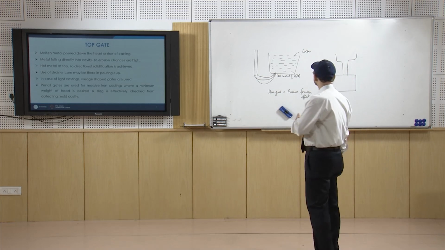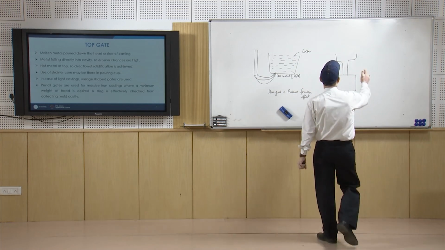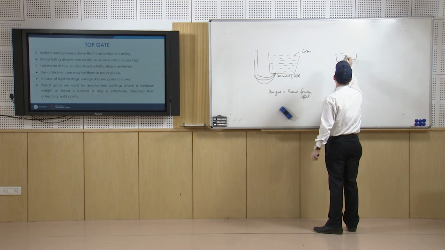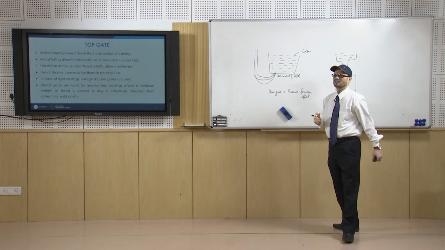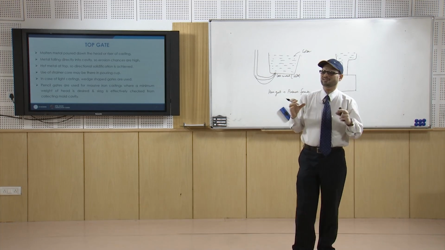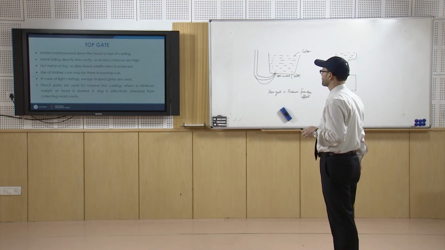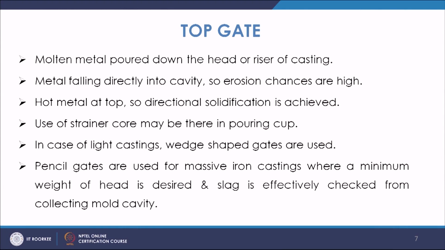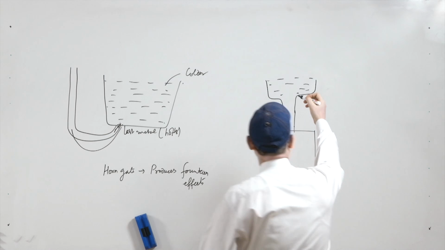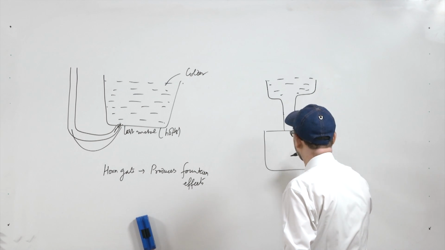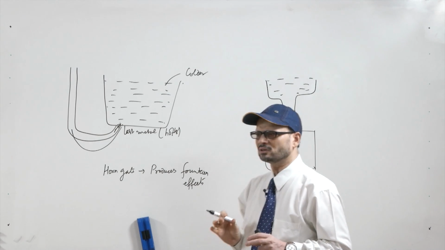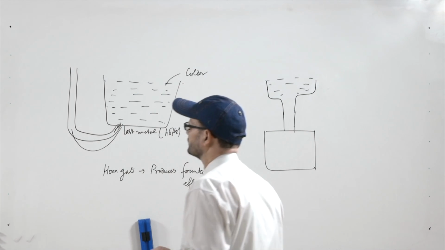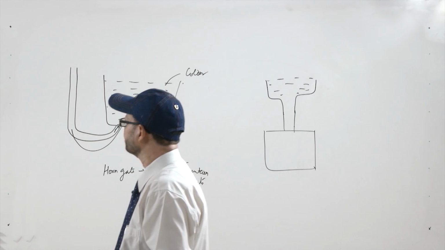So, this is known as top gating. This may serve as a reservoir or a riser which can feed the metal in case of shrinkage. Now, in this case metal is falling directly into the cavity, so chances of erosion are high, because the metal will be directly falling at this point. So, the chances of erosion are quite high in the case of top gating.